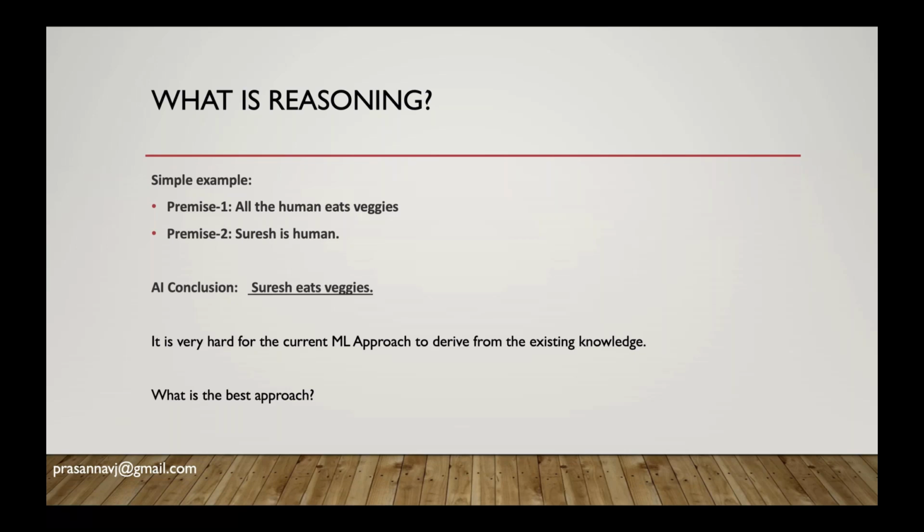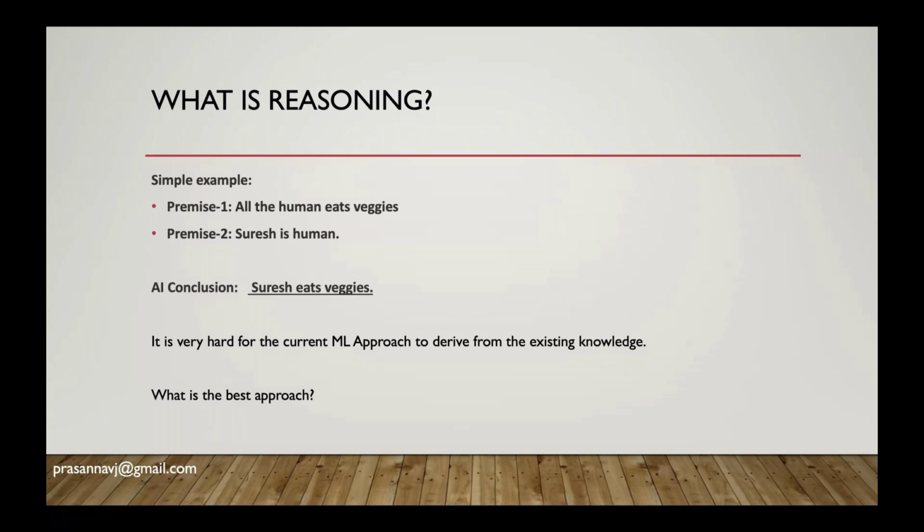But if you want an AI model to do this at the current juncture, it is a very complex activity. You may need to provide a huge set of training data for the model, and you may have to train that particular model to tell that Suresh is a human, so Suresh can also eat vegetables.